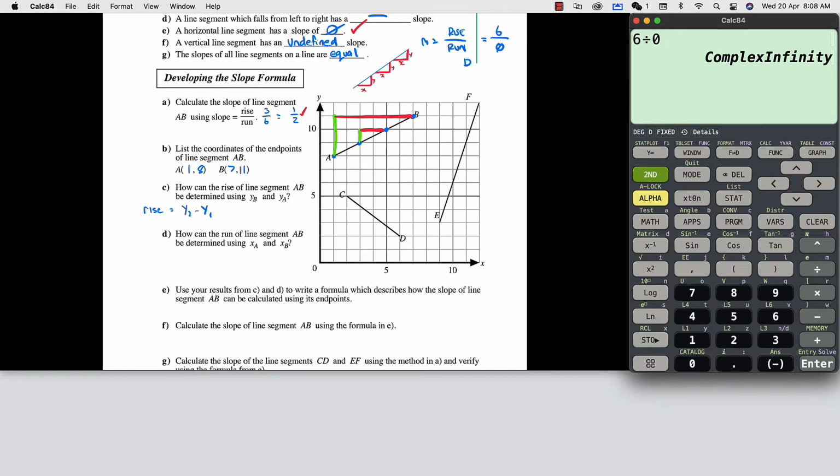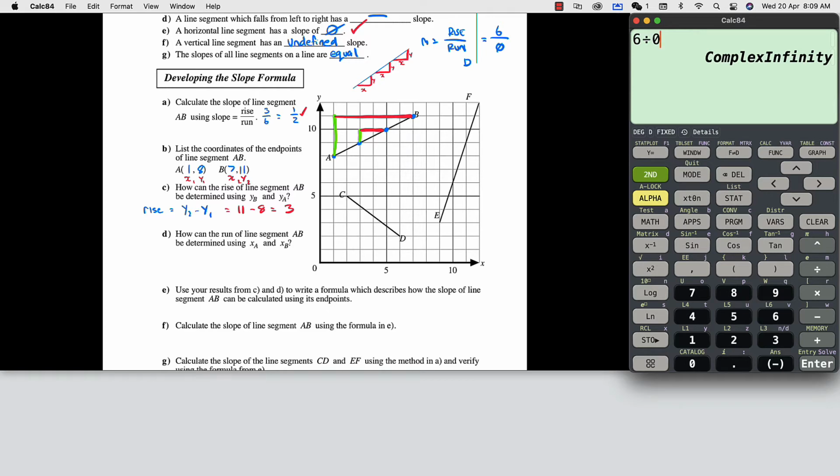So I just need to label these 2 points, (x1, y1) and (x2, y2). It doesn't matter which one is point 1 and which one is point 2, it will work out the same. Y2 in this case is 11, and y1 is 8, so we've got a difference of 3. So there is a vertical rise between A and B of 3 units.